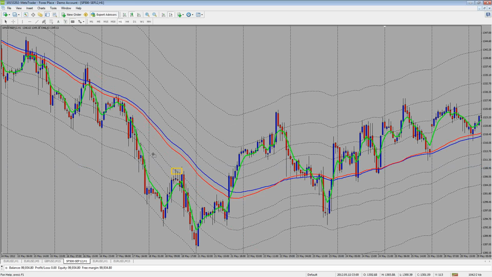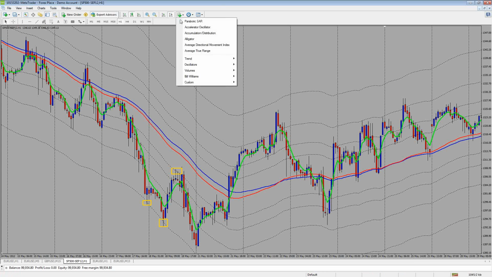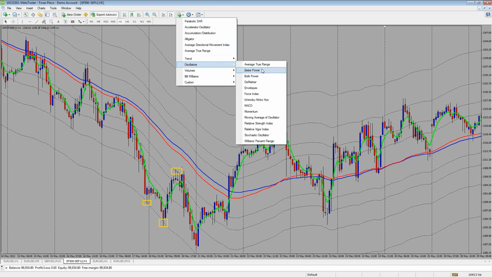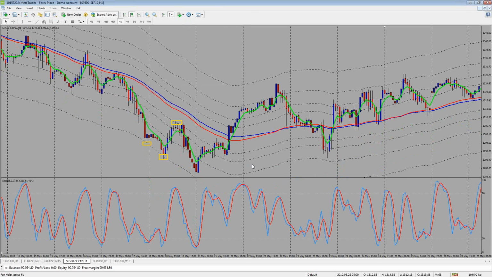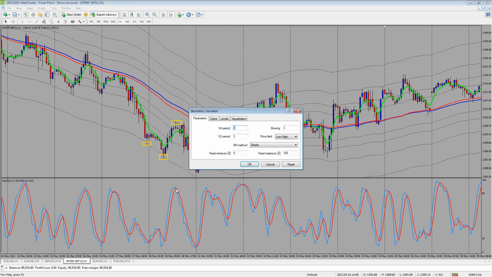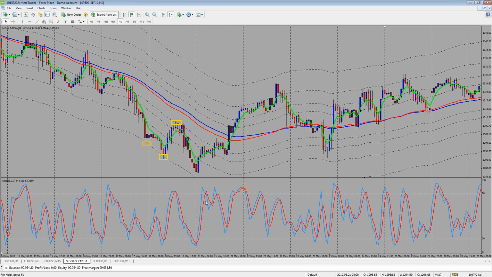Okay, and they can help you with making decisions. So for example, let's see, okay, no, there's no divergence here.